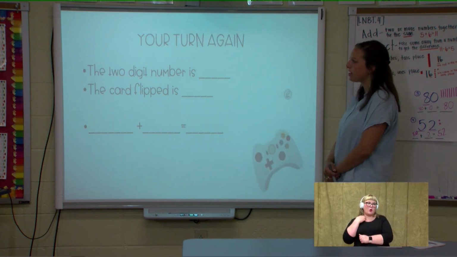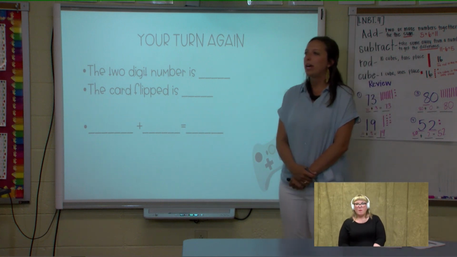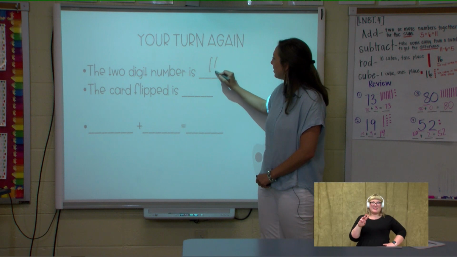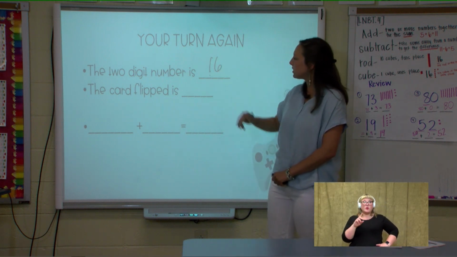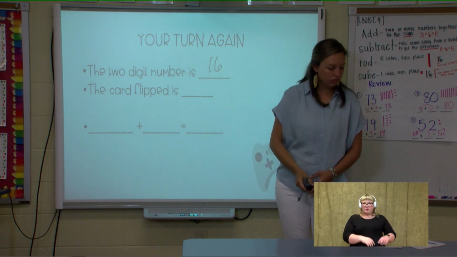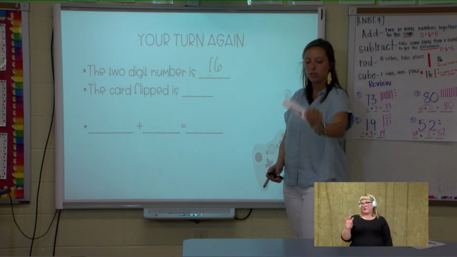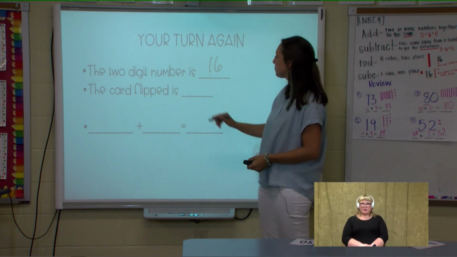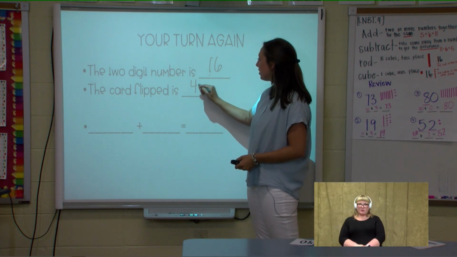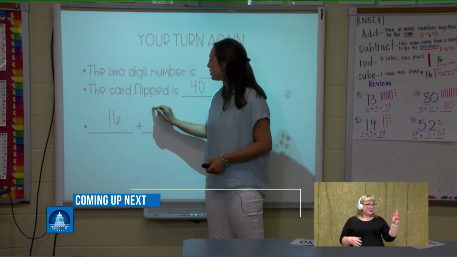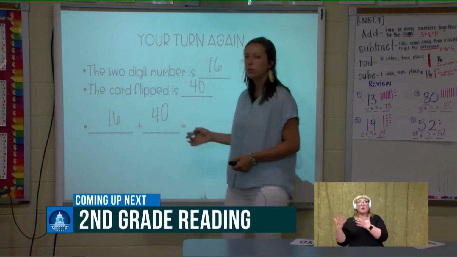One more for good measure. The number I pick is 16. I put a 1 and a 6 for 16. The card flipped will be 40. Fill in your equation. 16 plus 40 equals what?